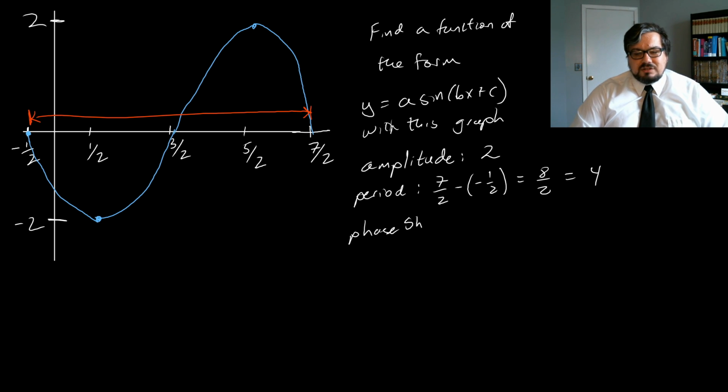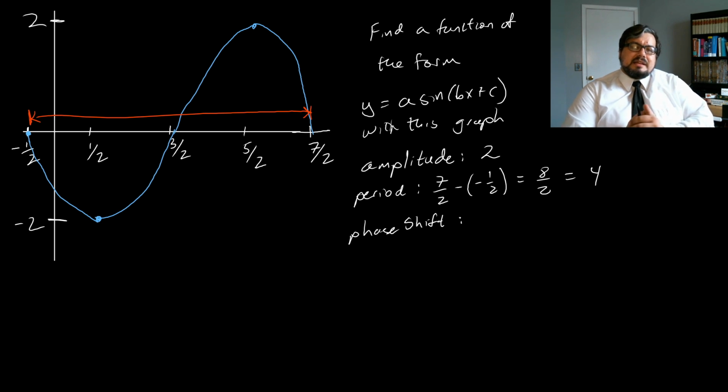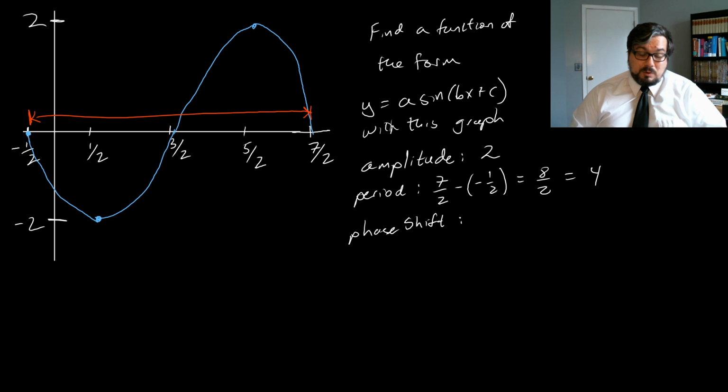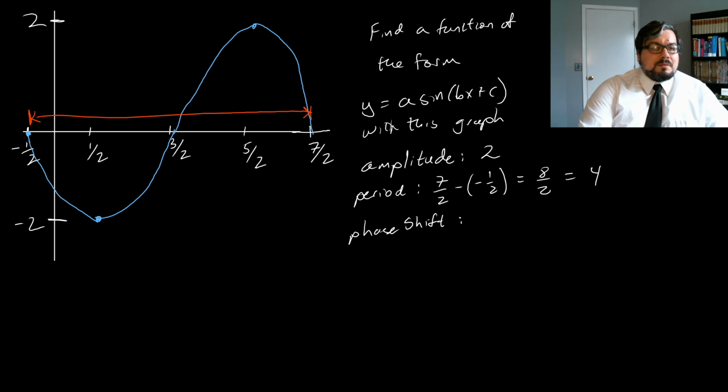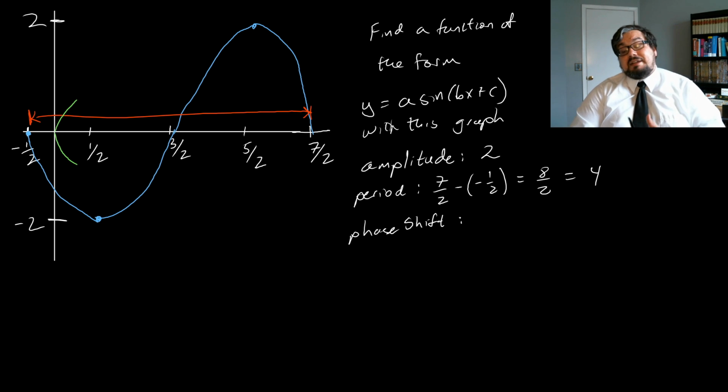And then the phase shift actually has more than one possible phase shift that we're working with, actually many more. So a normal sine function, which I'll do in green here, starts at 0 and either goes up or goes down depending on whether the a in our function is positive or negative.